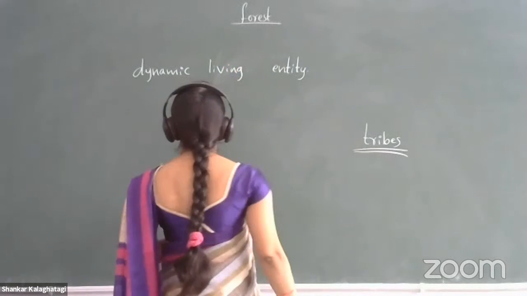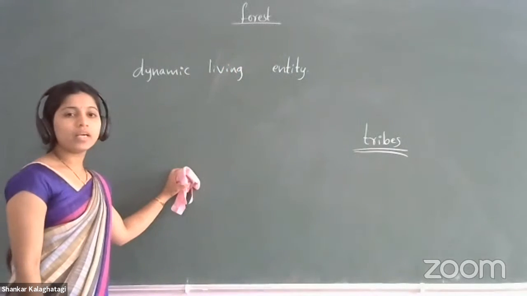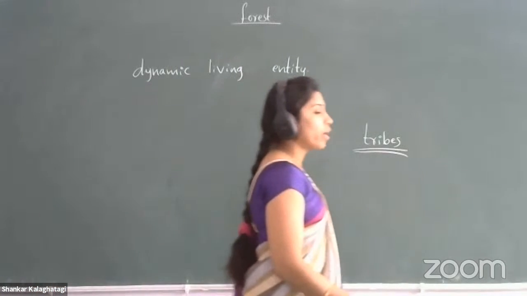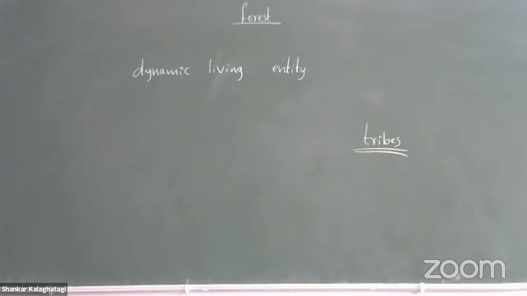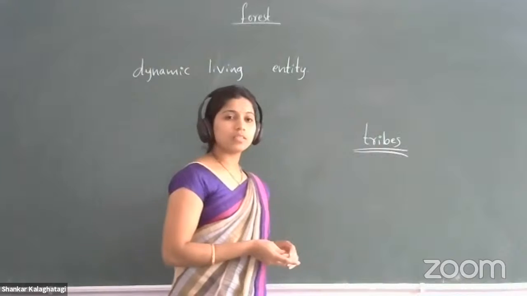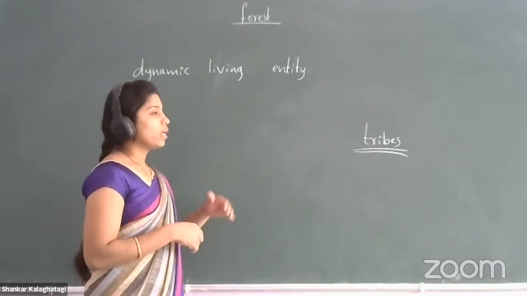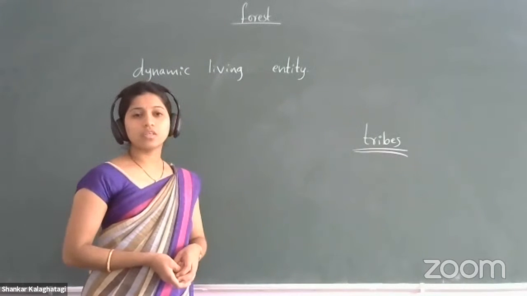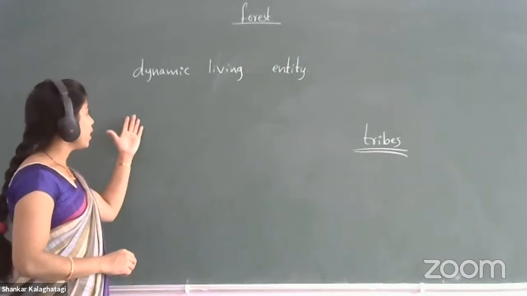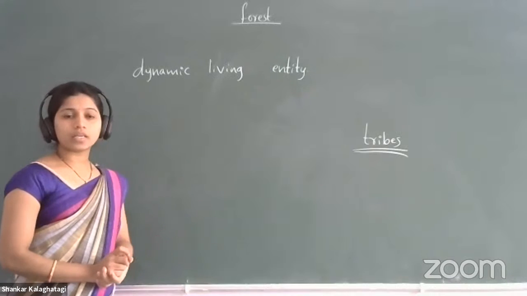The forest is called a dynamic living entity, meaning the living organisms are always present in the forest, and it is a continuous habitat, isn't it? It will not stop. We can find a large number of living beings in the forest. So why is it called a dynamic living entity?